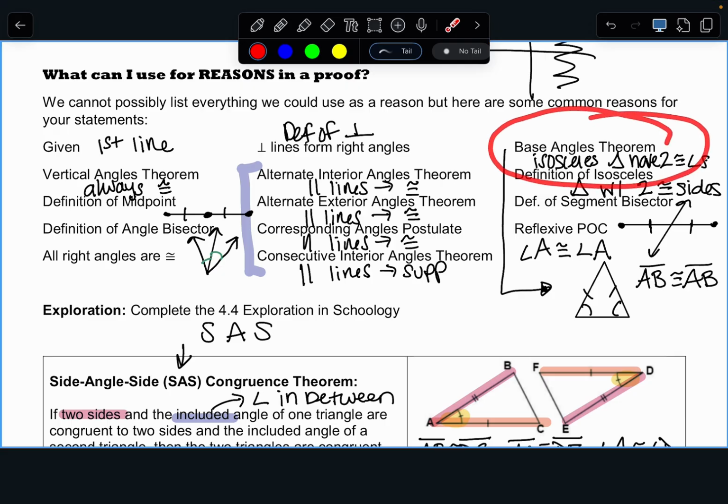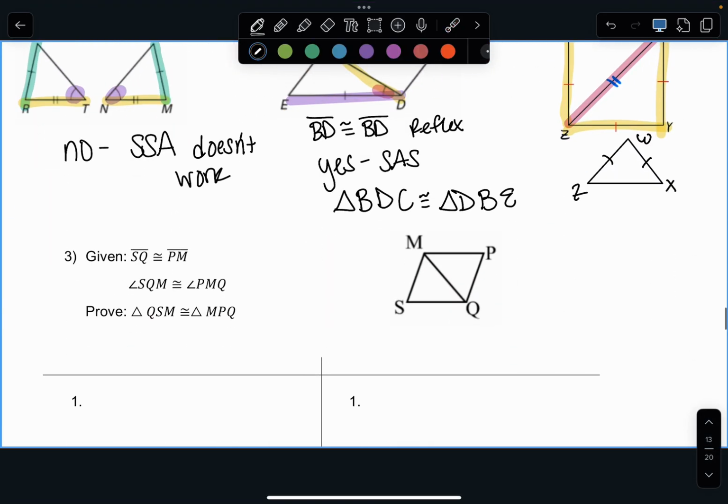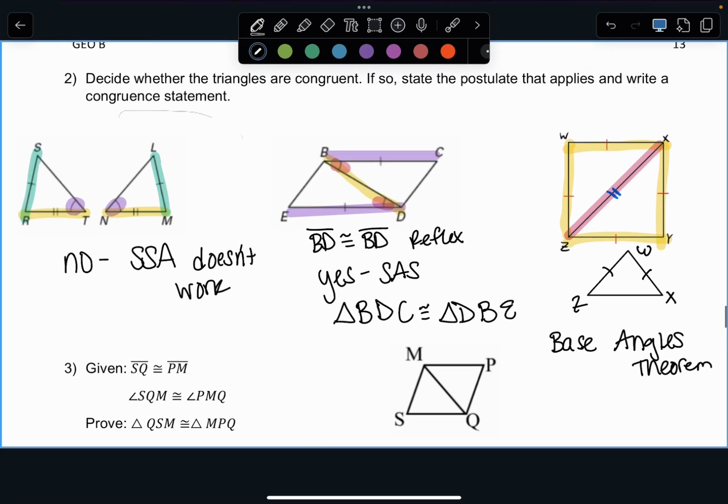That's from my base angles theorem. So to outline a proof here, I would use my base angles theorem to get that this angle right here and this angle are congruent and the other two.